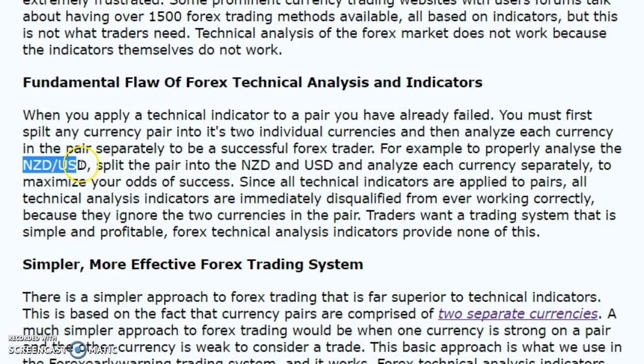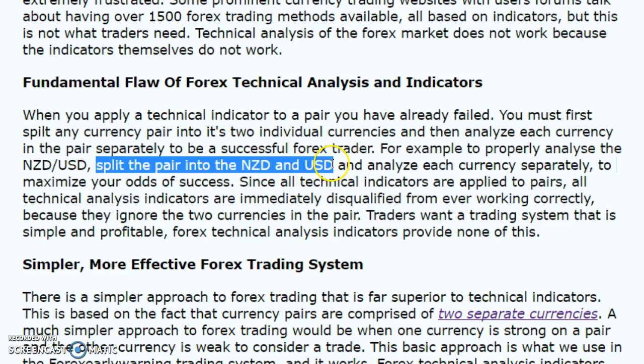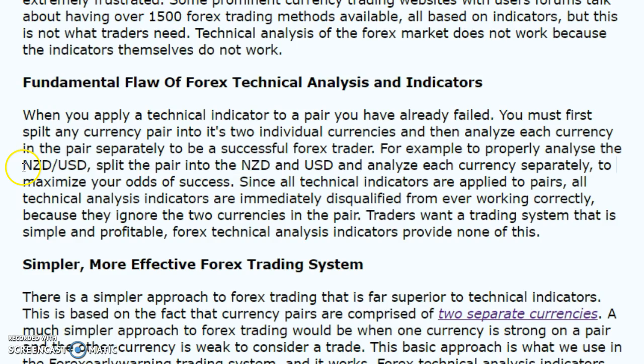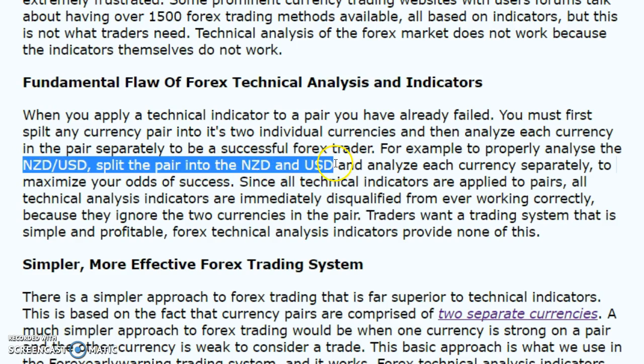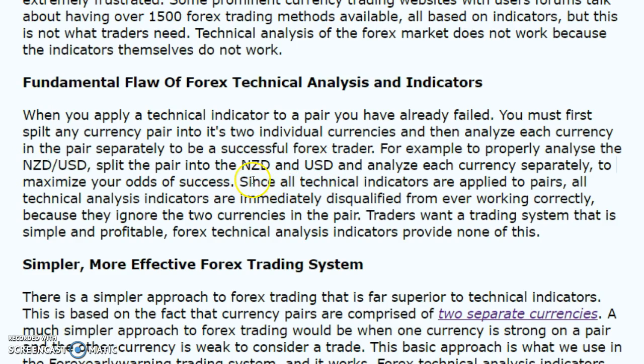Like the New Zealand US dollar has two currencies in it, and what you have to do is split the pair into its two currencies. So you would take the New Zealand US dollar or any other pair and split it into its two pieces, and then analyze the New Zealand dollar first, and then analyze the USD second, and then combine those analyses to give you your analysis of the New Zealand USD, so you know when to trade it.